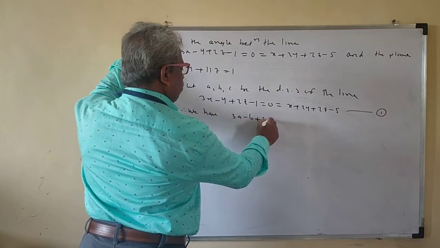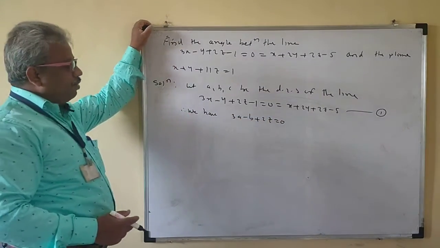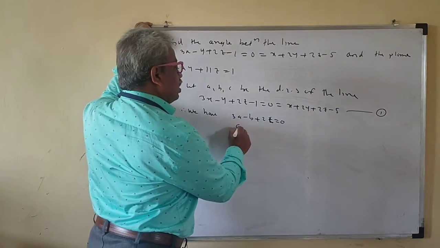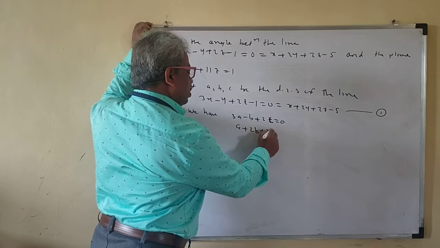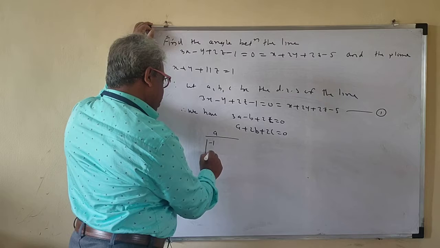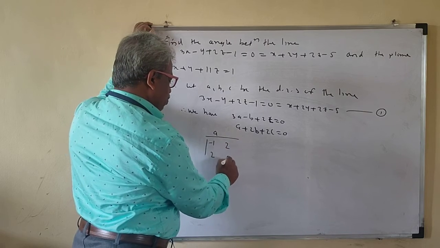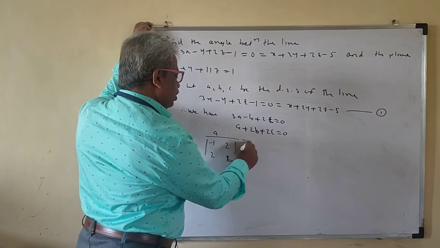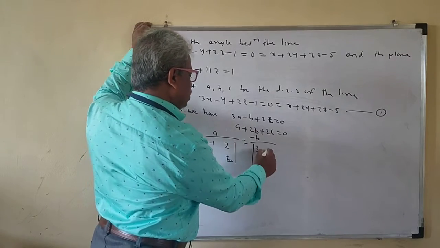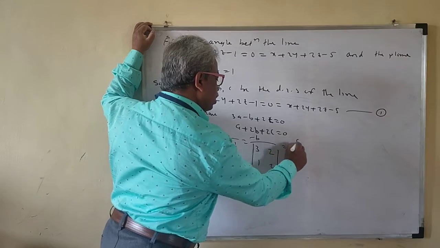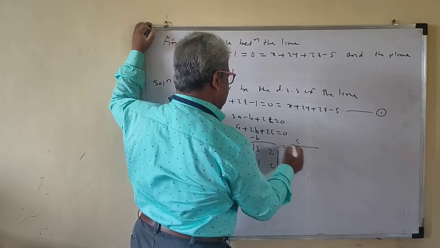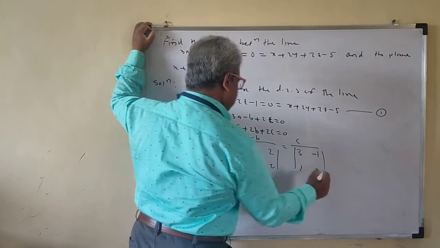Therefore we have 3a minus b plus 2c. Forget about the constants; replace x, y, z with a, b, c only. So this is a plus 2b plus 2c is equal to 0. So this is a upon (minus of the coefficients of b and c), minus b upon (coefficients of a and c), c upon (coefficients of a and b).